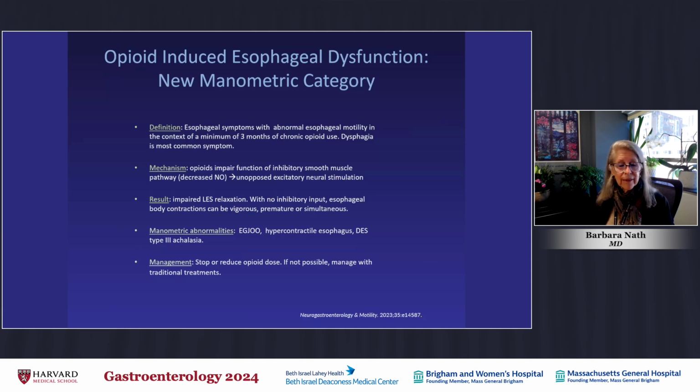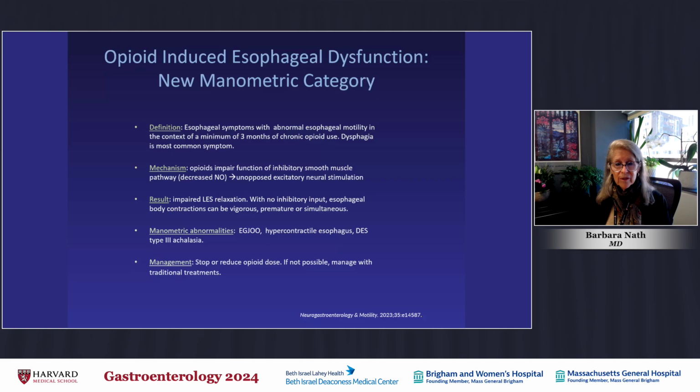It results in impaired LES relaxation as in EGJ outflow obstruction, esophageal body contractions that are hypercontractile, premature contractions such as in distal esophageal spasm, or simultaneous contractions as in type 3 achalasia. The management, if possible, is to stop opioids. If that's not possible, then these patients are managed just the way patients with these same disorders are managed who are off opioids.